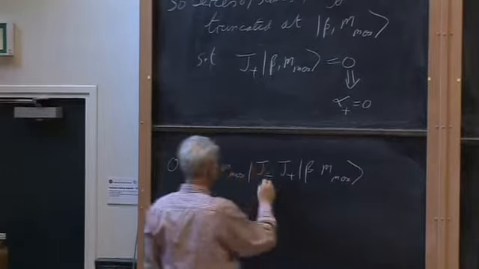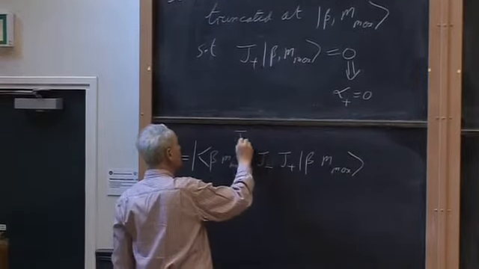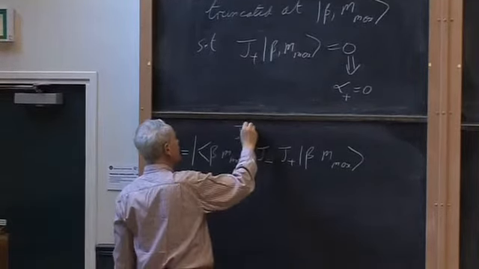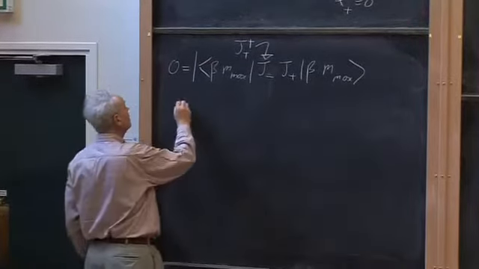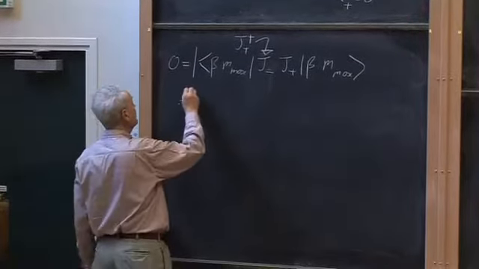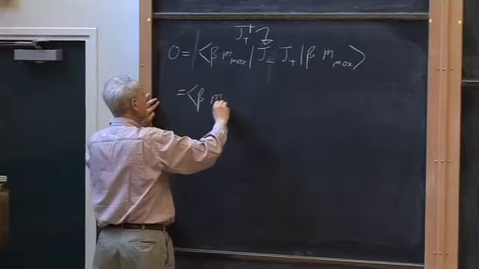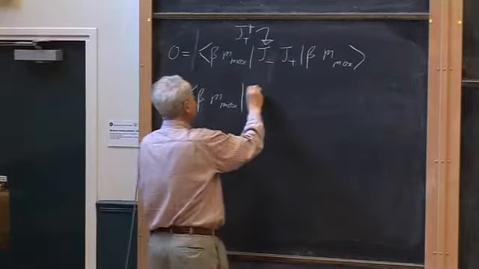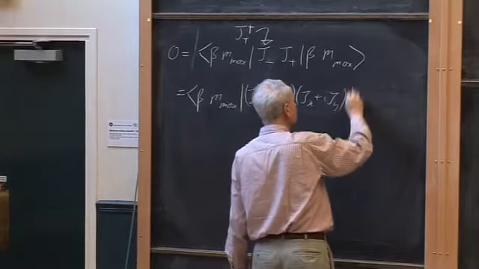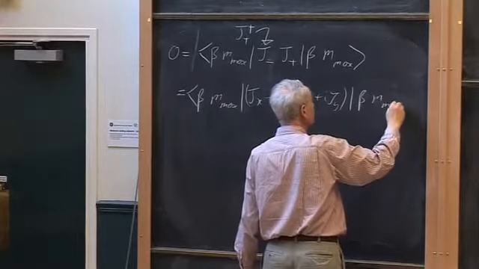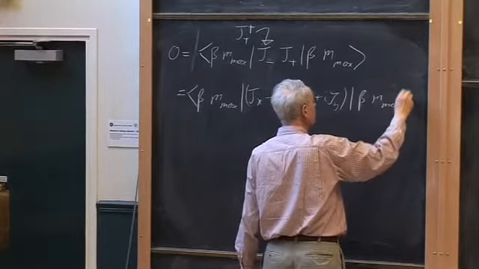This j plus dagger is appearing here, and I pointed out earlier on that j plus dagger is j minus. So let's see what we've got by looking inside. I don't need the mod square, that's already taken care of. So this is beta m max, jx minus i jy, jx plus i jy, close brackets, beta m max. So we multiply this stuff out.